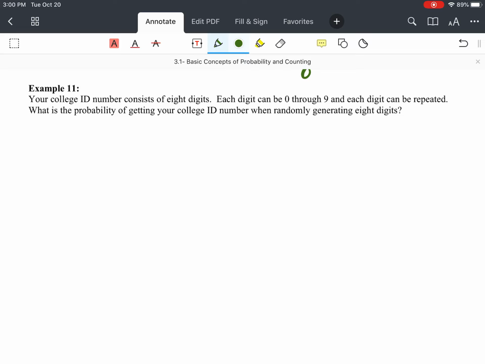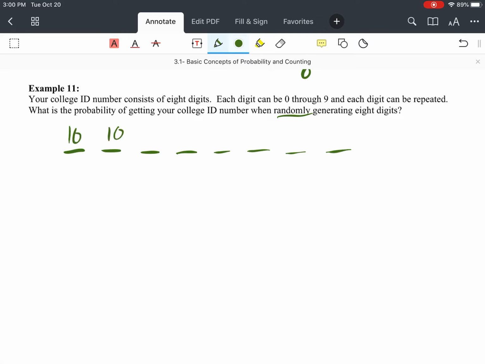Okay, so let's do one more example, and then we'll be done with these notes. So it says your college ID number consists of 8 digits. Okay, so we have 1, 2, 3, 4, 5, 6, 7, 8. Each digit can be 0 through 9 and can be repeated. What is the probability of getting your college ID number when randomly generating 8 digits?